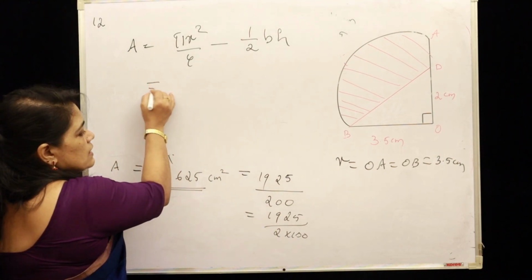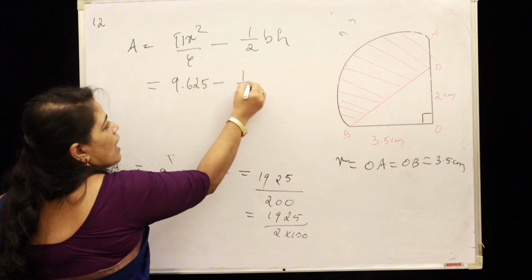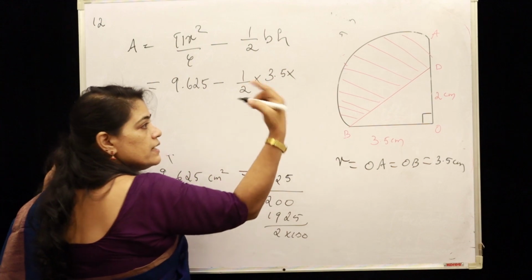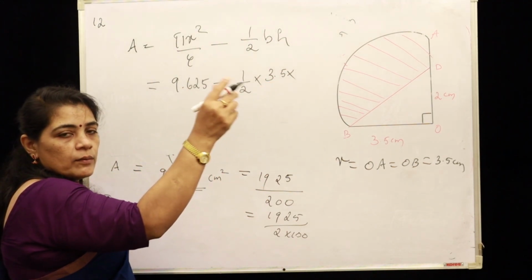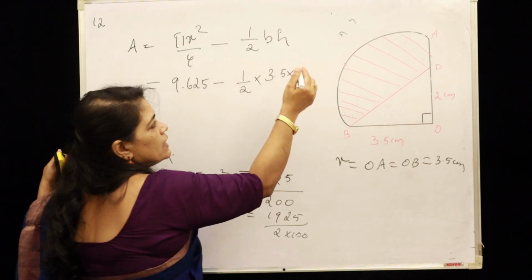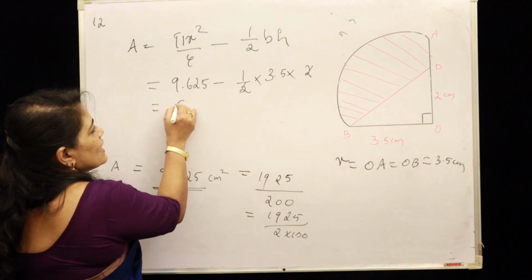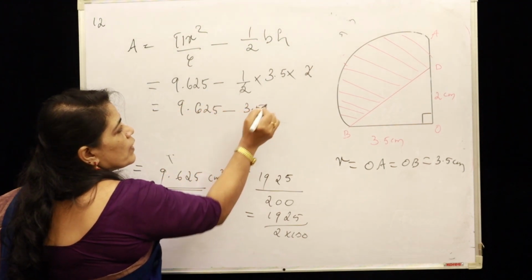We have seen this is 9.625 minus half into base, that is 3.5, and its height, don't write 3.5 over there, that is OA, but it's a right triangle, so up to OD, that is 2. 2 get cancelled, that means 9.625 minus 3.5.